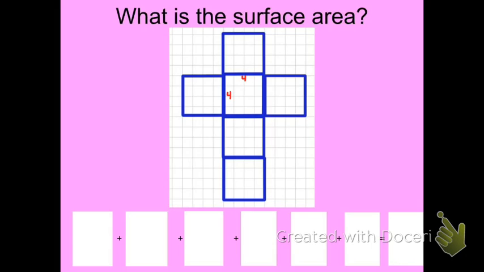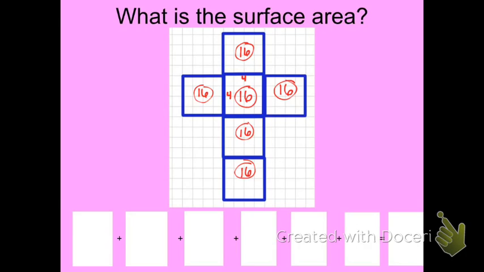So if we multiply 4 times 4, we're going to get 16. So the area of that one box is 16. Now, are all the rest of them 4 by 4? Yes. So let's put a 16 in each one of the boxes. Now you might need to count on some other ones, but these we already have looked at and we've already counted them. So they're all 16.